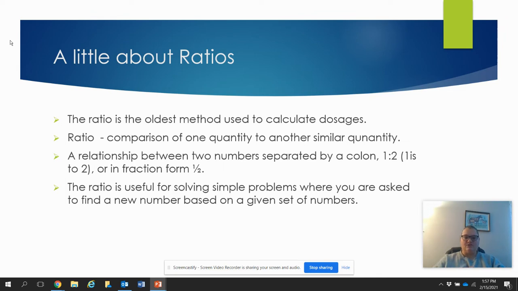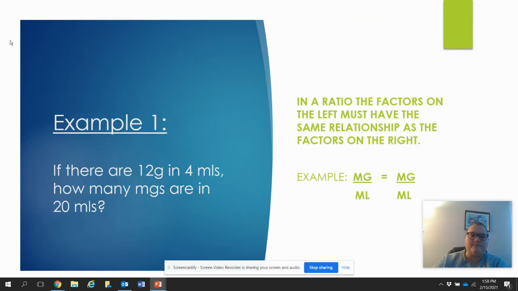The ratio is useful for solving simple problems where you are asked to find a number based on a given set of numbers. So we do a lot of cross multiplying and dividing. Pretty simple. Maybe it's something you haven't done for a while, so let's get into it.